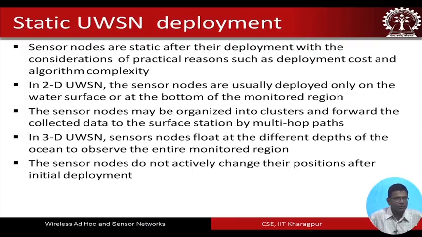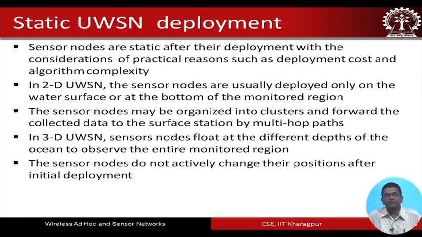In 2D underwater sensor networks, the sensor nodes are usually deployed only on the water surface or at the bottom of the monitored region, but 3D deployment is also possible for static, where the sensor nodes float at different depths of the ocean to observe the entire monitored region, and the sensor nodes do not actively change their positions after initial deployment. Basically, the relative displacement of these nodes remains the same.